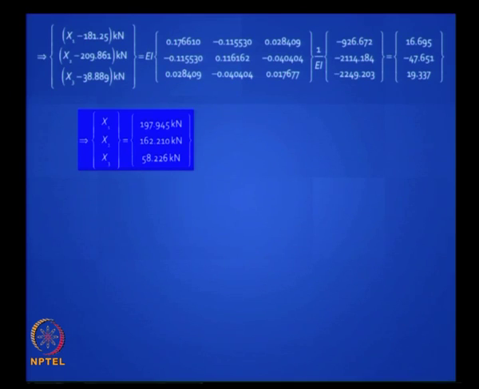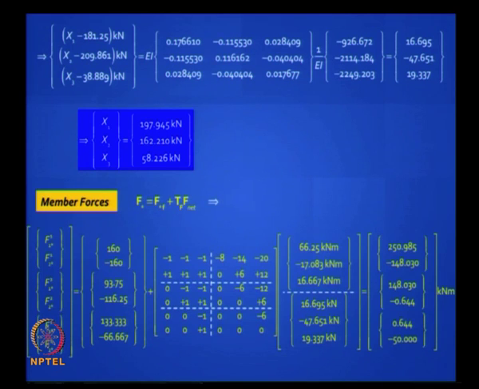So you can solve for this and get x1, x2, x3, and if these numbers look familiar to you, it is because we have done this problem about 2-3 times. And find the member end forces, just invoke those equations.